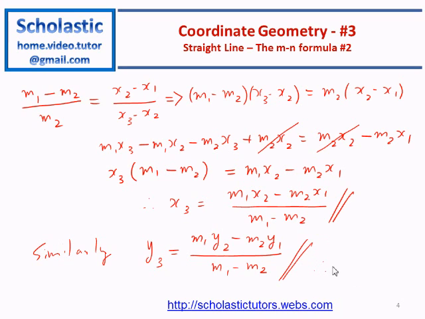Therefore C is equal to x3 comma y3, basically x3 is this term here and y3 is this term here. So these are the answers.